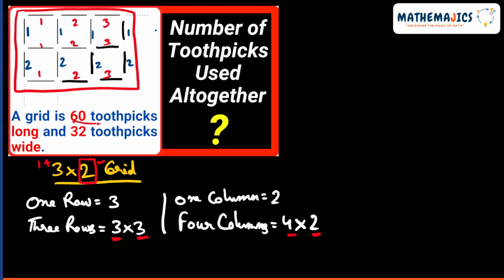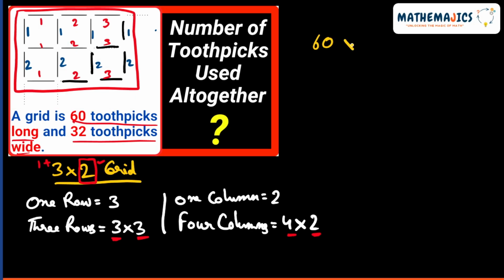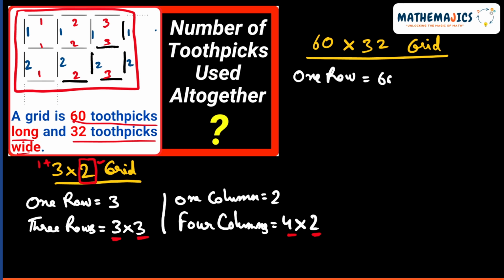Now the same logic we will be applying to the large grid, which is 60 toothpicks long and 32 toothpicks wide. So let's apply the same logic to the 60 by 32 grid. In one row, we will be having 60 toothpicks.